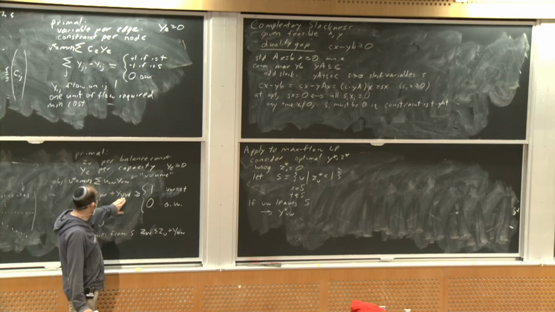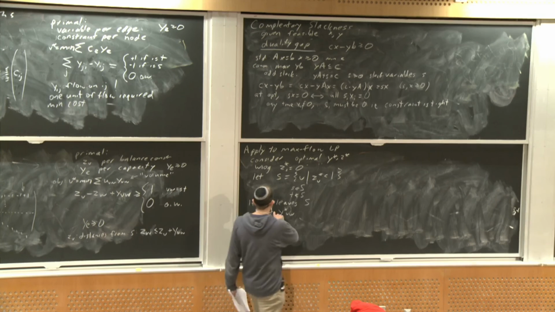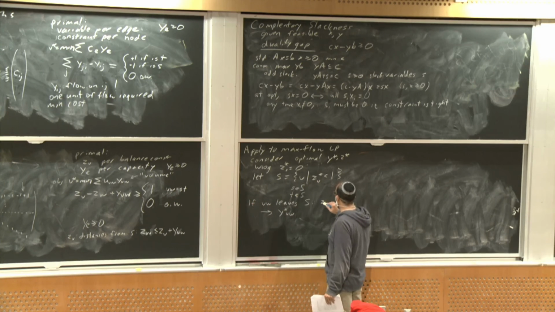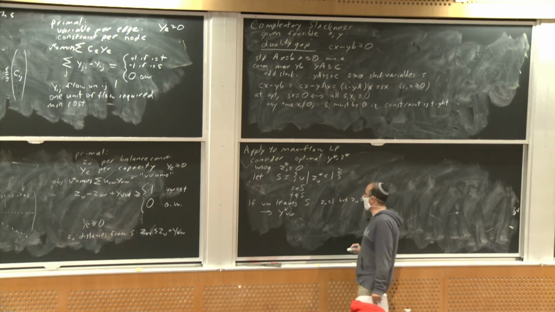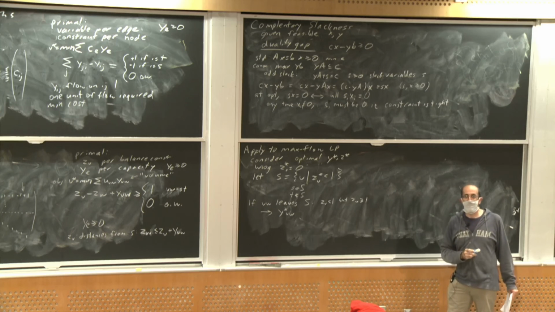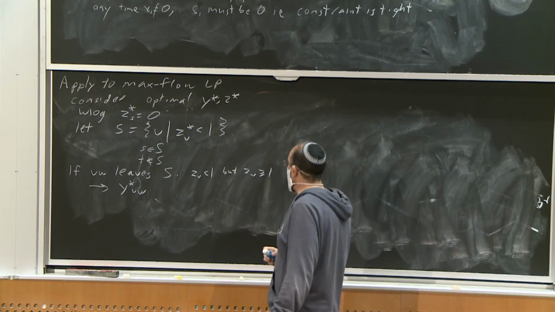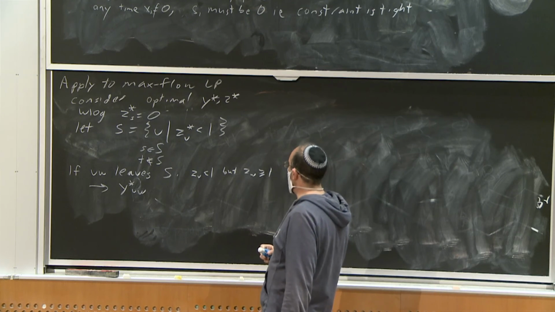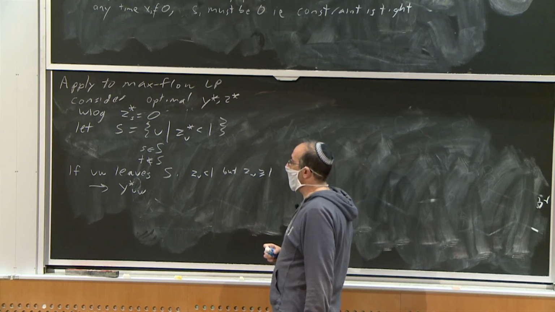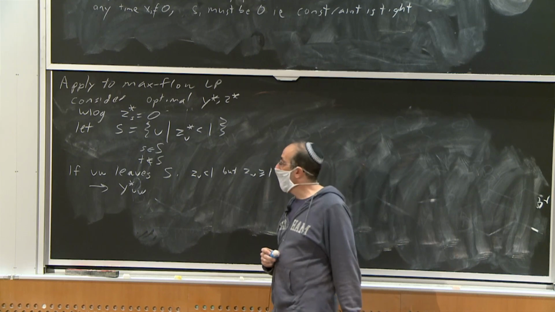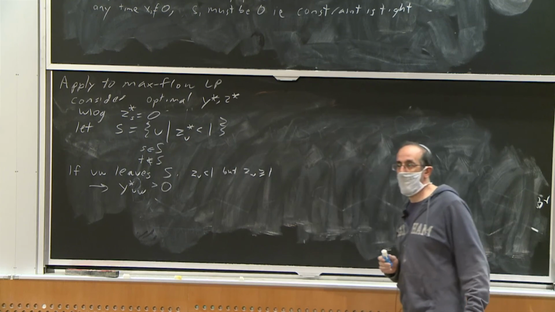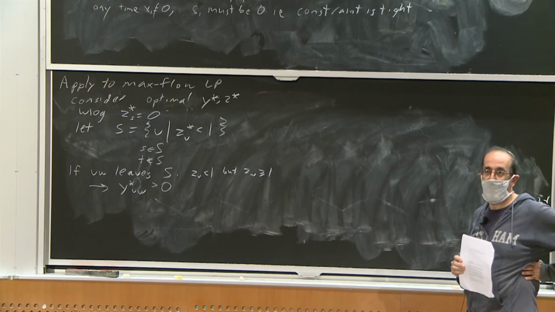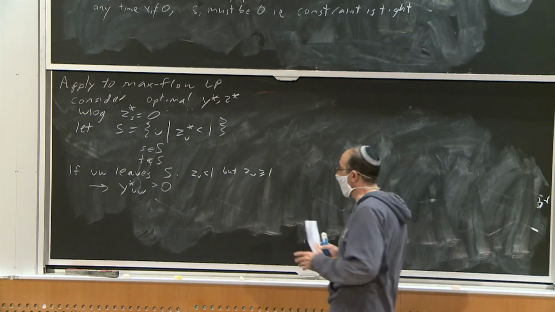If VW leaves S, it means that ZV is less than 1, but ZW is greater than or equal to 1, which means that ZV minus ZW is negative, which means that y star VW has to be positive in order to cancel it out, given the greater than or equal to 0 lower bound.